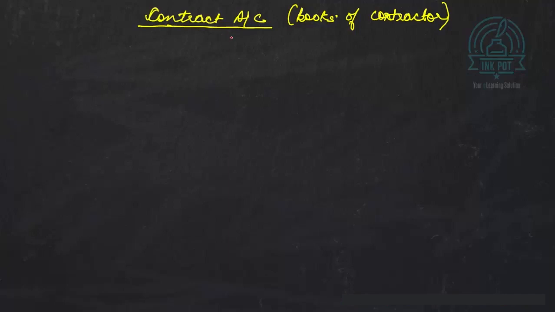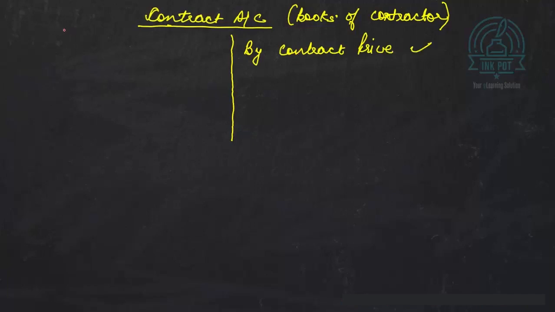Now, what is the general practice? Two things can happen. One, if the contract is fully complete, what we do here is we credit the contract price, because that is our income. We will receive the contract price, right?